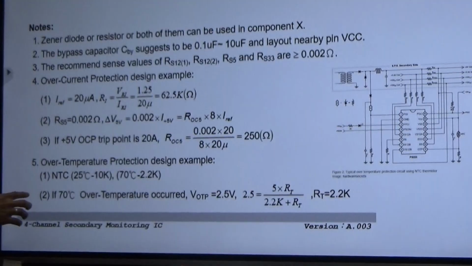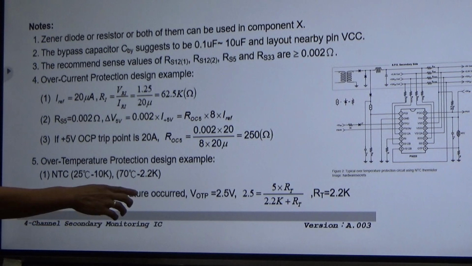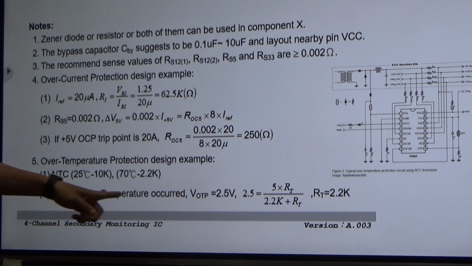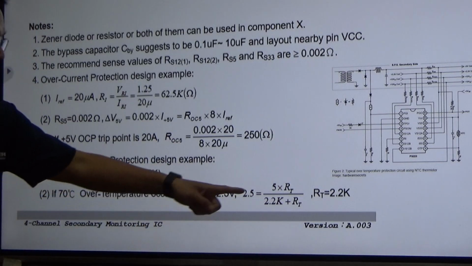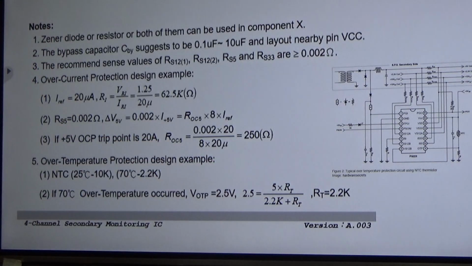For example, here, if 70 degrees C is the setting point of your OTP temperature, you can put in all the resistors, and with the reference voltage, you can get the voltage divider resistor there, 2.2 kilo ohms. Okay? And by the way, they just give you some range of the OTP.